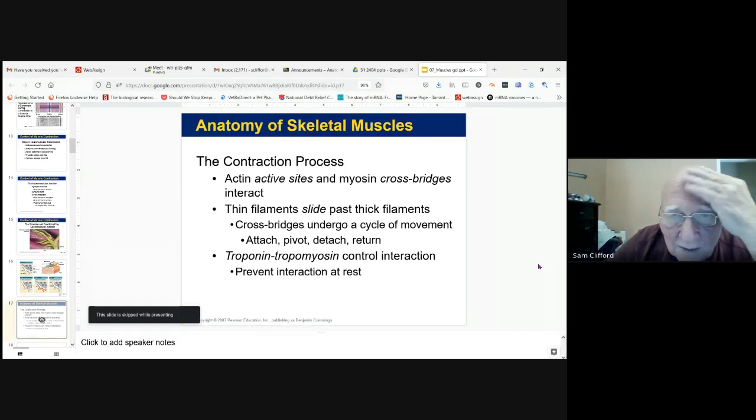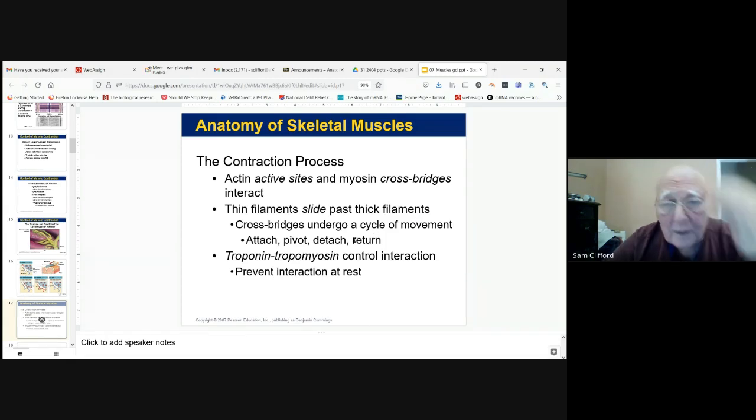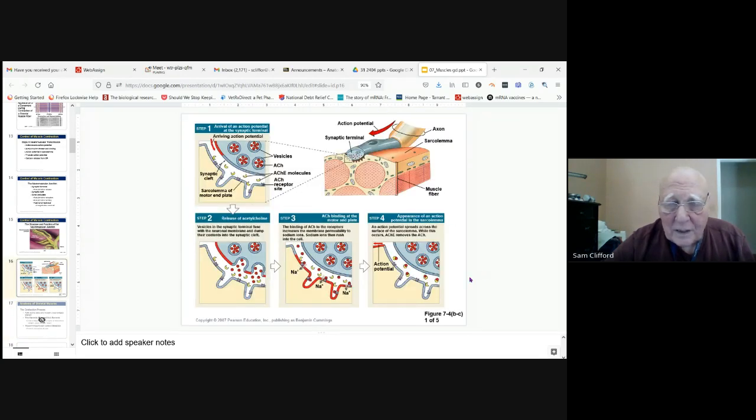So the contraction process, I said that the active sites on actin have the cross bridges attached to the actin active sites. The thin filaments are pulled into the center of the sarcomere by the attachment and pivot, and then detachment and return of the myosin heads.